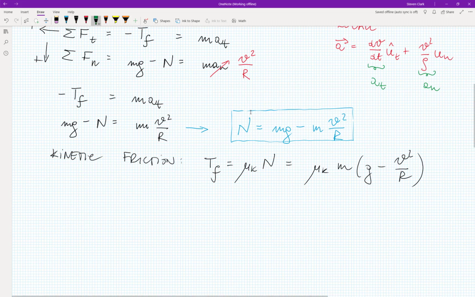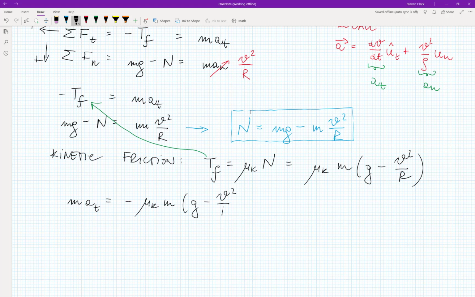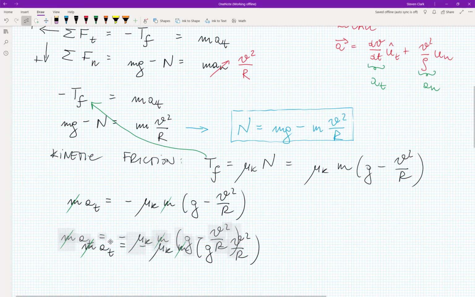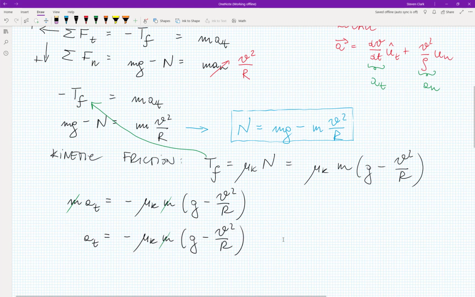So I'm just going to plug this value right here, and we will end up with the following thing. m a_t is equal to minus mu_k (mg minus m v squared over r). I think the m's cancel out, and we ended up with such an expression. And well, that's the end of the problem, yeah? This is what they ask us for. Find a_t. So this is our answer.